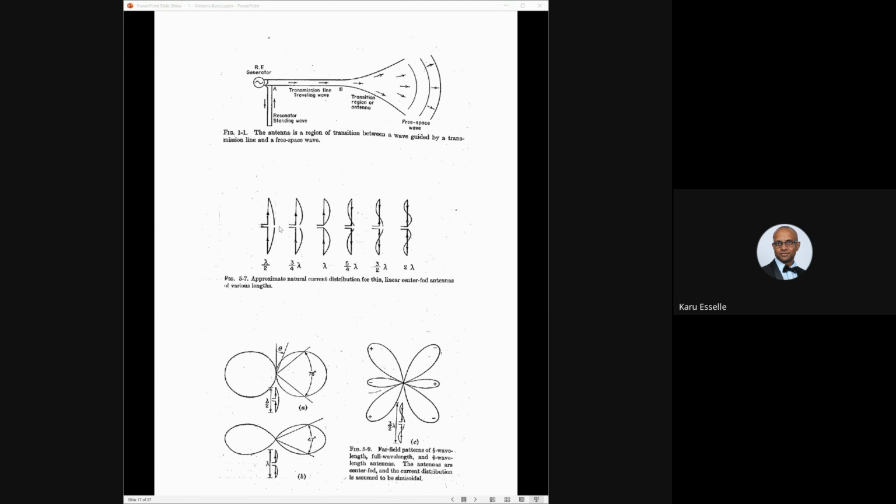That conducting sheet would create an image of this half of the dipole, which is a monopole. This part is a monopole. It will create this image, and it will behave very similar to a dipole.